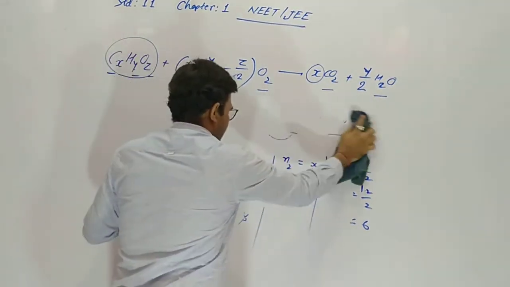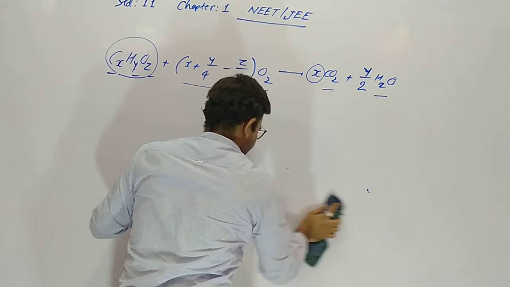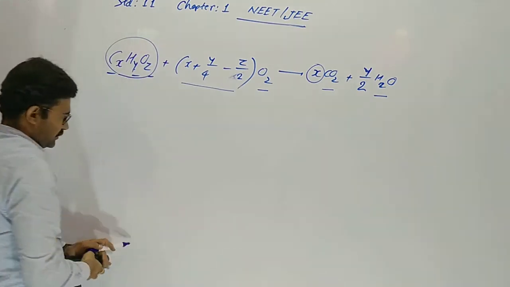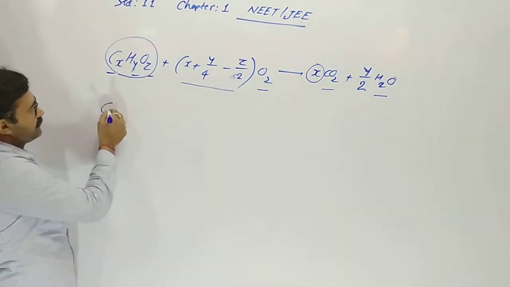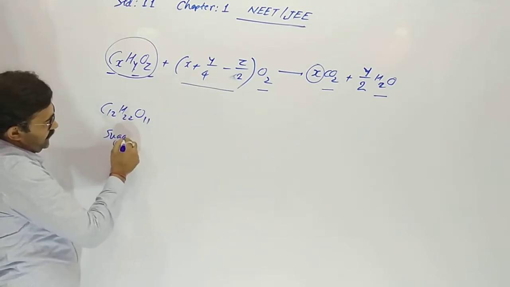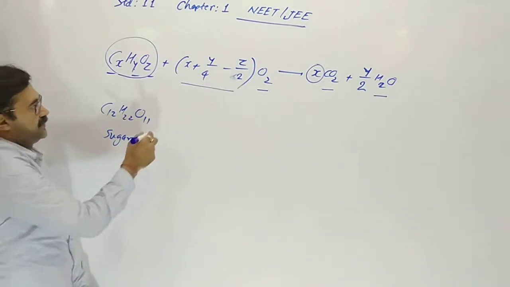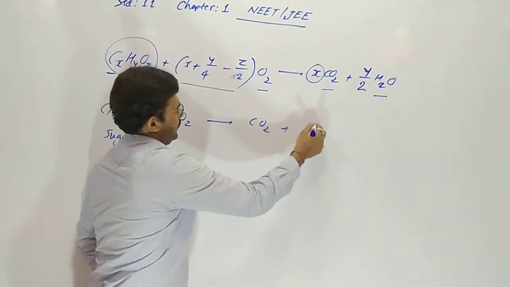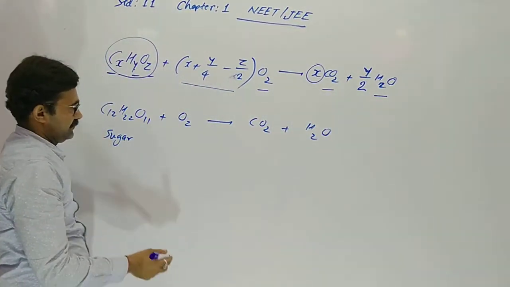Another example, sucrose, sugar, our household sugar. C12H22O11 is reacting with oxygen, gives carbon dioxide and water.